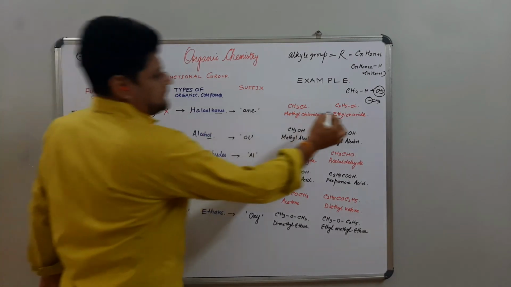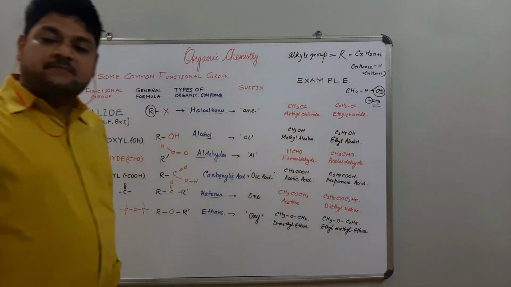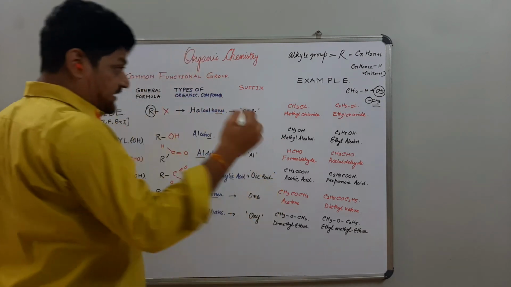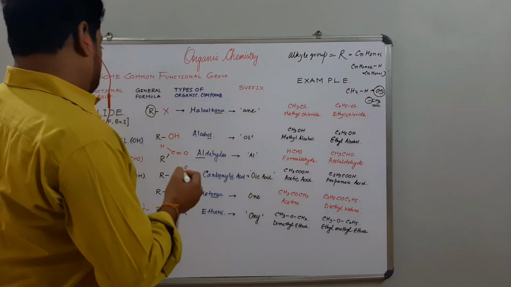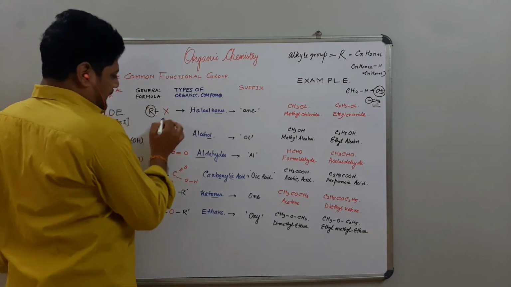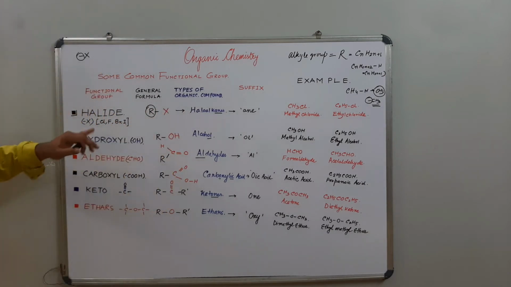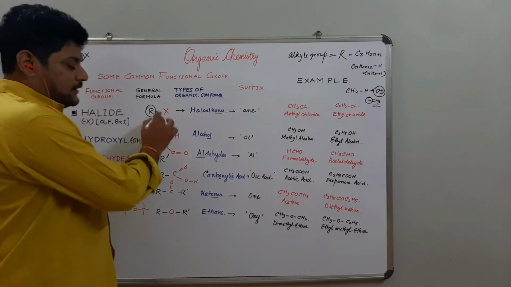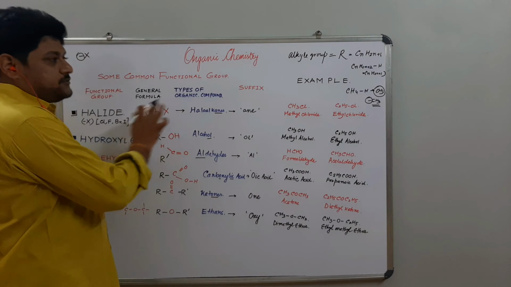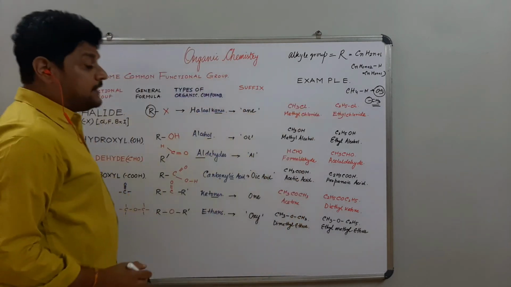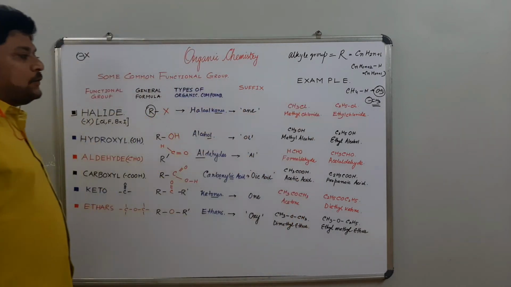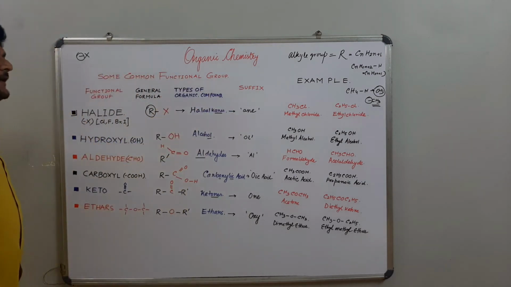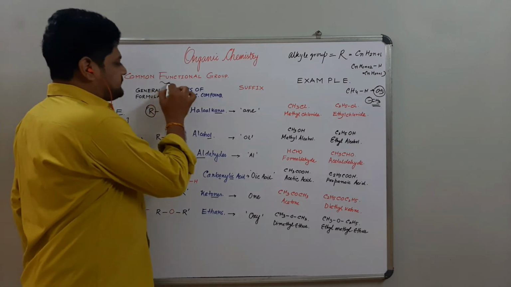R may be CH3, it may be C2H5, it may be C3H7. X is nothing but the halide. Halide means chlorine, fluorine, bromine, iodine, that is the halogens. If a halogen is associated with the alkyl, then it is called a haloalkane. So this type of organic compound is called a haloalkane. So what is the need of this functional group?